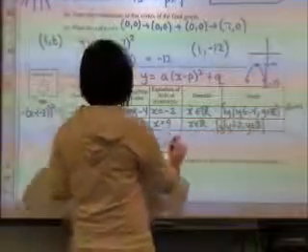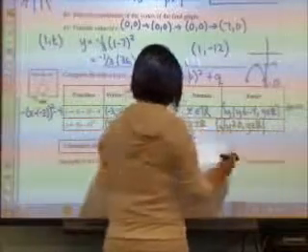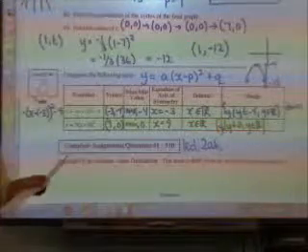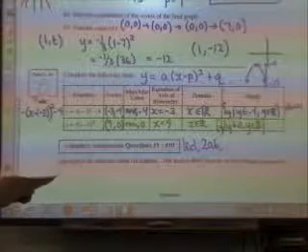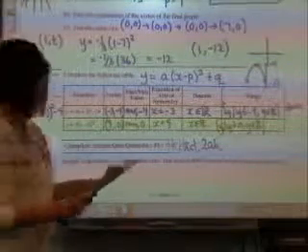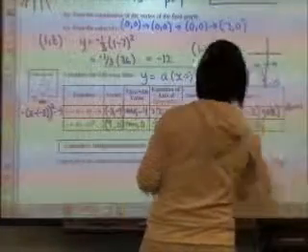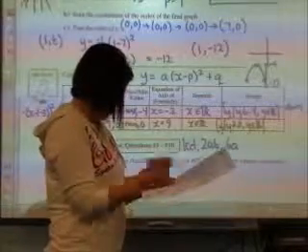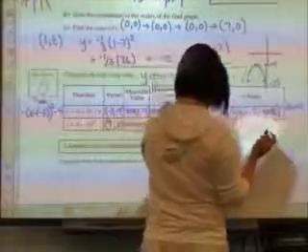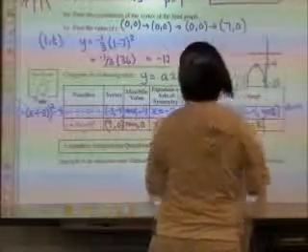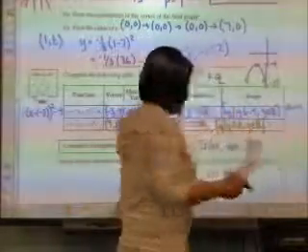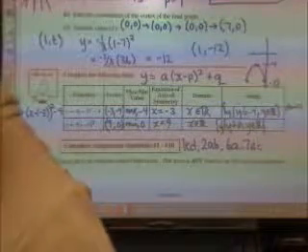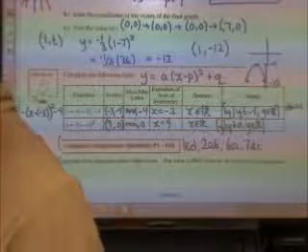Question number 1, parts C and D. Question number 2, parts A and B. Question number 6A. 7A and C. And then the multiple choice and the numerical response, so question number 9 and 10 this time.